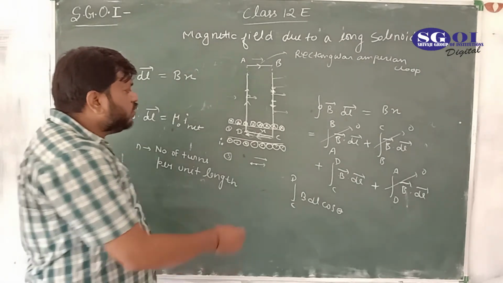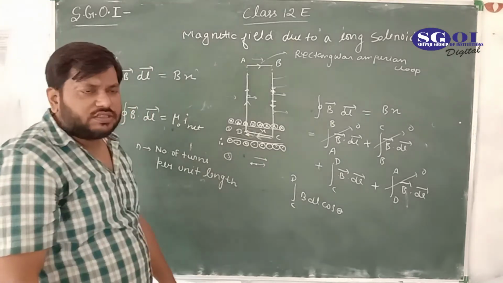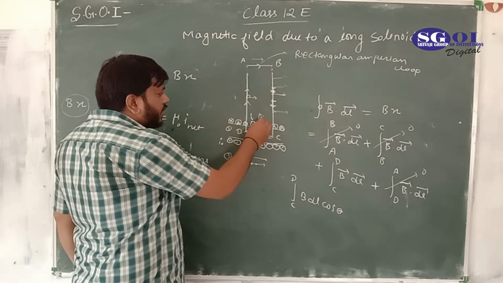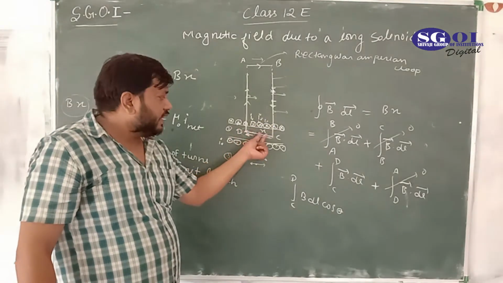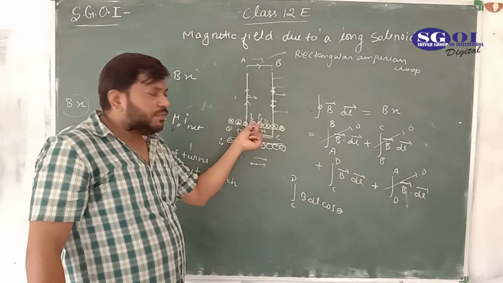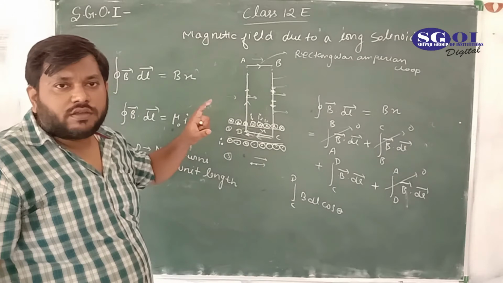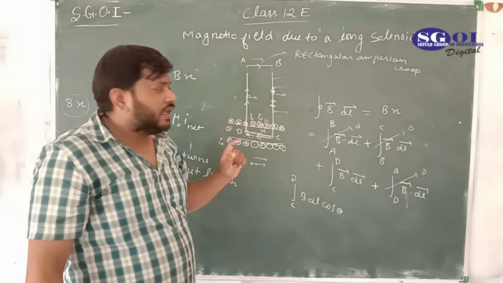Okay. And you are seeing here, let's say there are these turns, and this current is I naught. So in this length x, how many turns are enclosed by this Amperian loop?